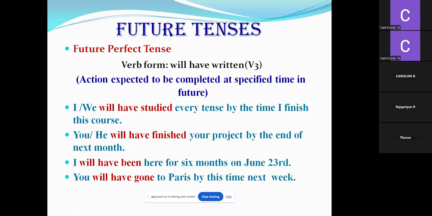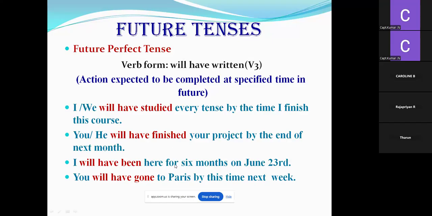You will have gone to Paris by this time next week. So all these sentences, you see, we will have studied every tense by the time I finish this course. So here exact time is not mentioned, but the words indicate that by the time you finish this activity, you will have studied. He will have finished your project by the end of the next month.